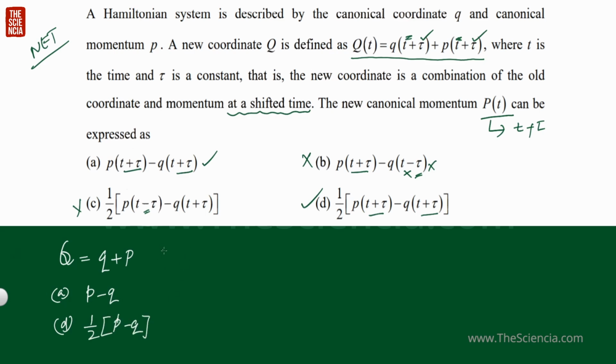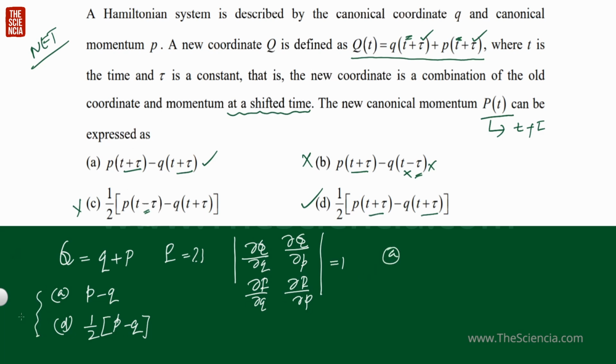Now we have to find the capital P. And we know the Poisson bracket of these two terms, that is ∂Q/∂q, ∂Q/∂p, ∂P/∂q, ∂P/∂p, will be equal to 1, right? So I am taking the first option.